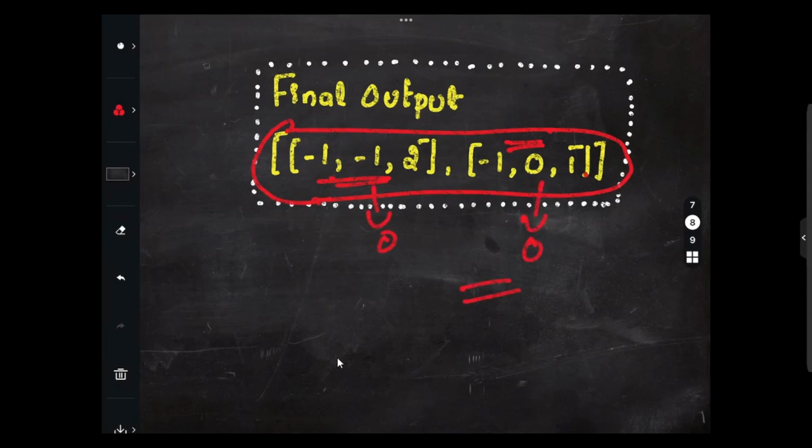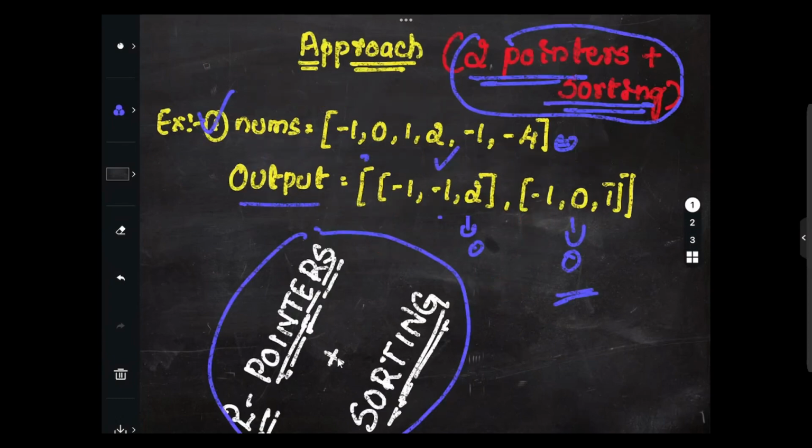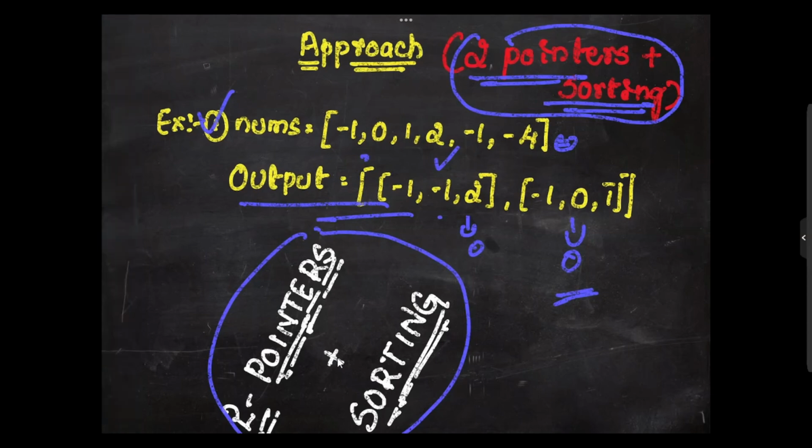So this is the final output. The output that we got and the output that they have given for example 1 is the same. So the approach works absolutely correct in this case.